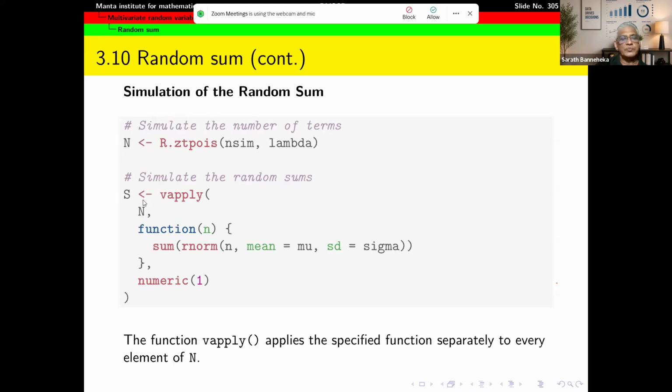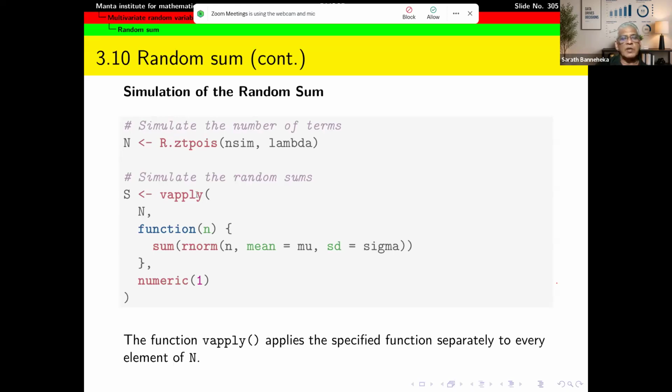Right. So now simulate the random sums. Get the random sums, again 10,000 values. I use the function vapply. vapply to what? vapply to this vector. And then what function should I apply to that vector?